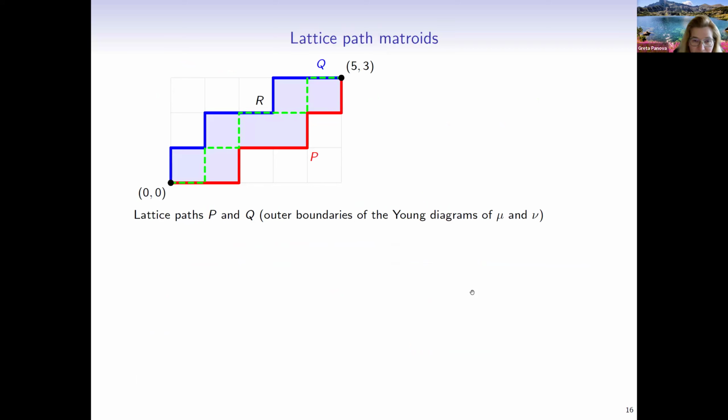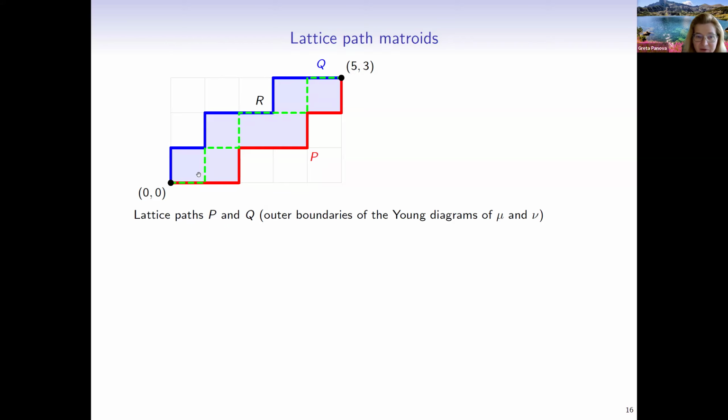What we figured out just recently is that you can consider a slightly more general class of matroids, the lattice path matroids. You take two lattice paths, inner and outer, Q and P. You can think of them as the borders of some Young diagram, so you essentially have a skew shape between these lattice paths.